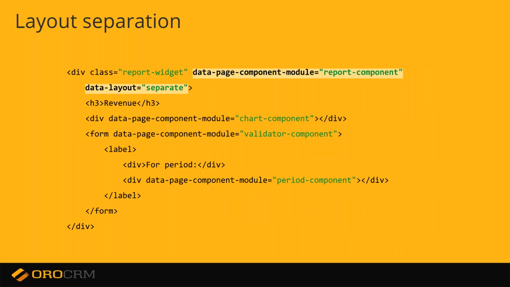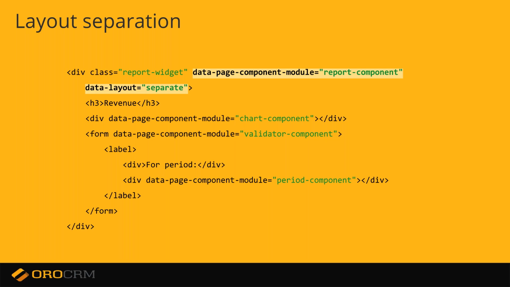We have a special attribute for it. According to it, the view created by the report component will initialize the layout inside by itself. It changes the initialization flow in the following way.